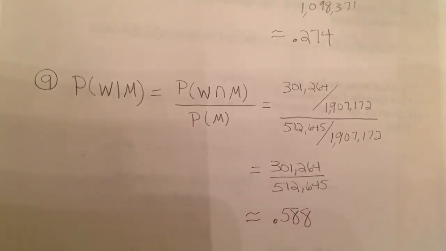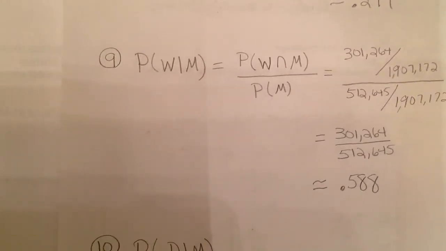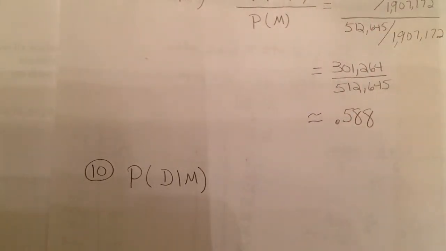Now, regarding the book problem in number 10, for this remaining conditional probability problem, we're looking at the probability that the person chosen at random has a doctorate, and the precondition is that the person chosen is a man.